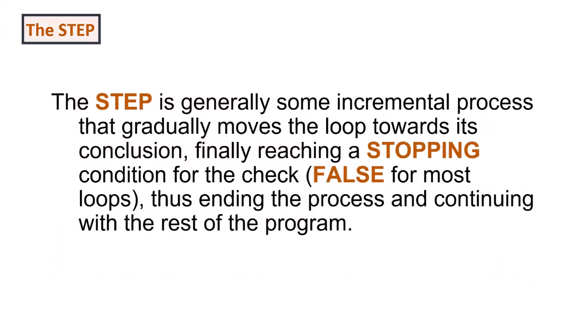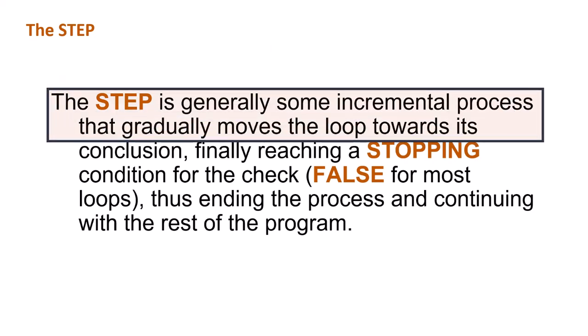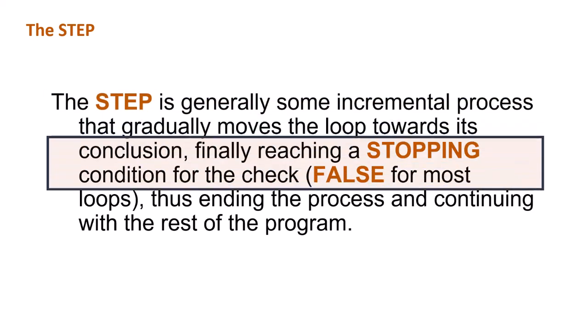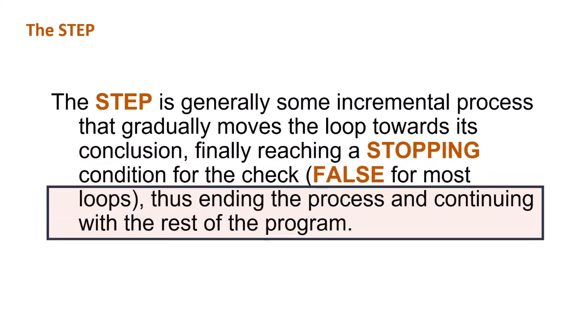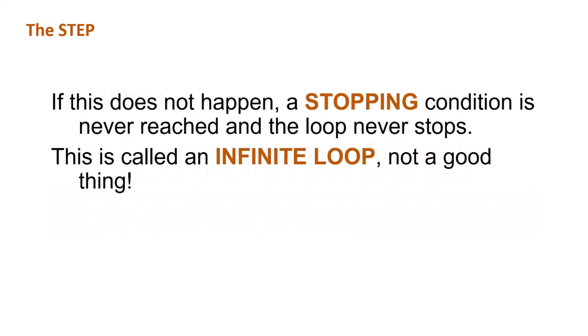The step. The step is generally some incremental process that gradually moves the loop towards its conclusion, finally reaching a stopping condition for the check, false for most loops, thus ending the process and continuing with the rest of the program.